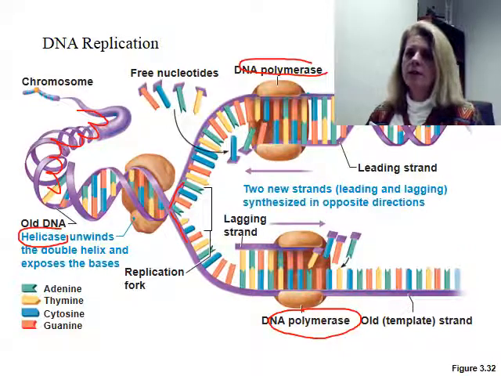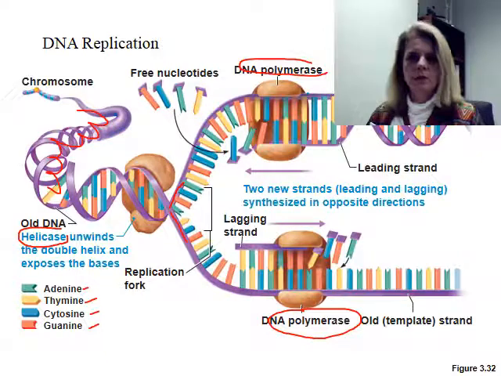Now, remember back when we talked about DNA and we talked about organic chemistry, and I told you about adenine, thymine, cytosine, and guanine? These are the bases that we use to make the DNA, and they're paired. A and T always go together, and G and C always go together. So you can see here is thymine, and here is adenine, and here is cytosine, and here's guanine, and A and T always pair, and G and C always pair.